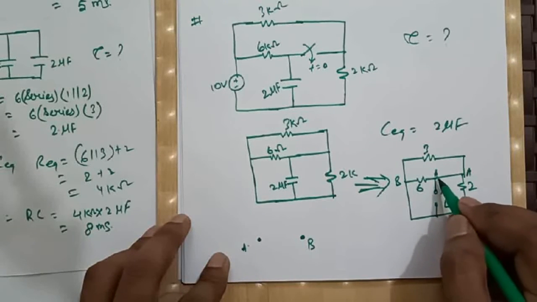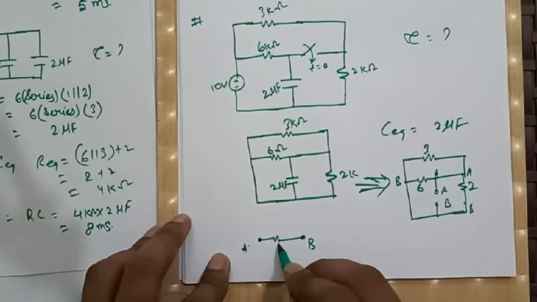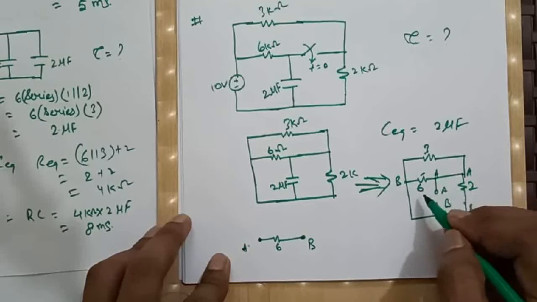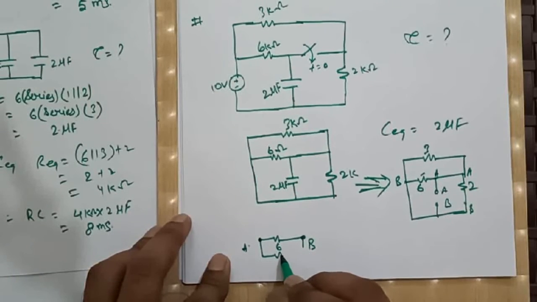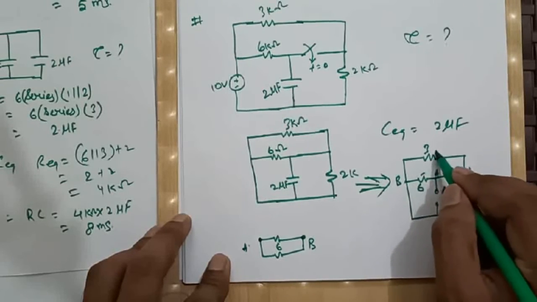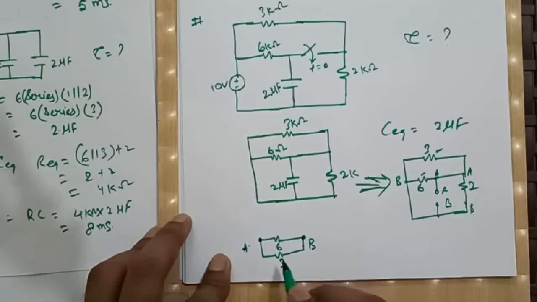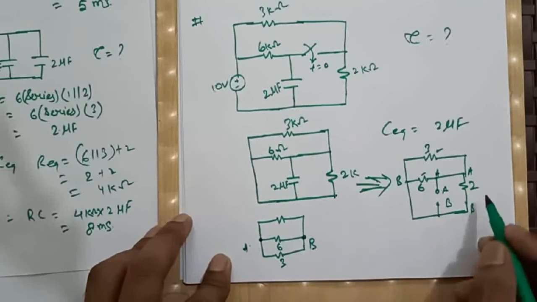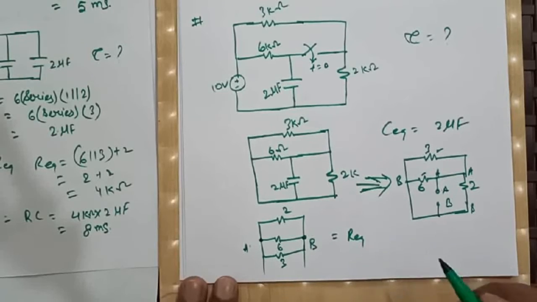A to B, a resistor is present of 6 ohm. This is done. B to A, a resistor of 3 ohm is present. This is done. And A to B, a resistor is present. So across terminals A and B, what will be the R equivalent?